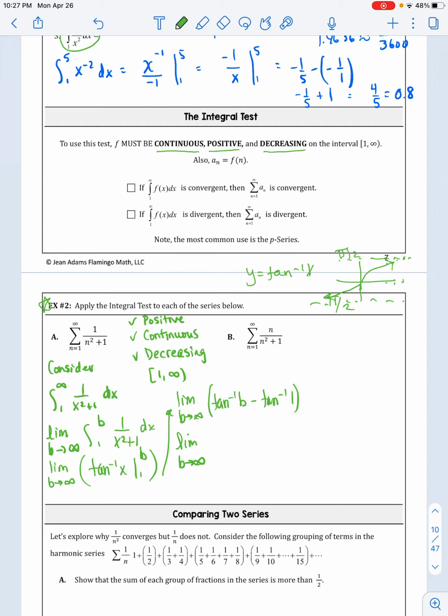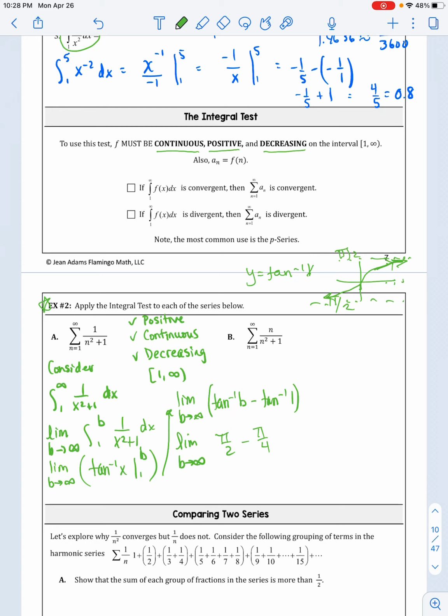So as my ratios go to infinity, you can see that your inverse tangent is going to approach pi over 2. So I'm going to say that the inverse tangent of b as b goes to infinity is pi over 2, minus the inverse tangent of 1.